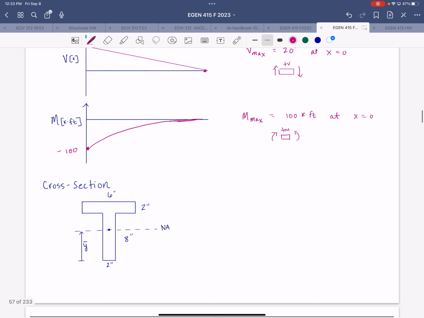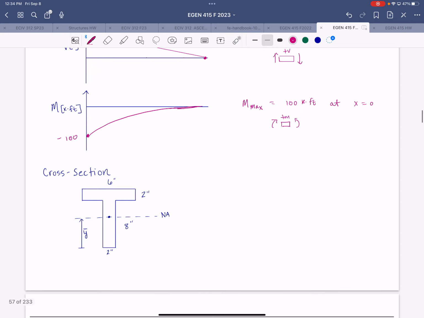All right, so now diving into the cross-section, we just need to obtain the geometric properties here for stress calculations, etc. So again, we're dealing with our YZ plane. Neutral axis is shown, but we need to find the distance to it, the Y bar.